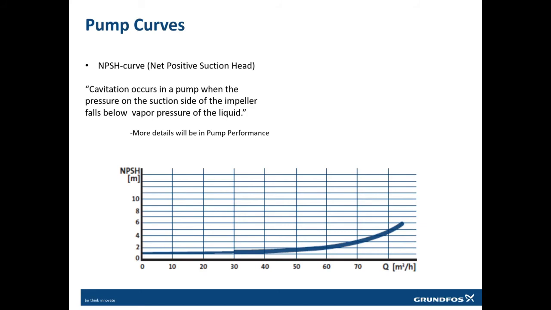That means your pump will get eroded, and you will have small dots on your impeller, and after some time your impeller will start getting eroded, which is not good for your life or performance. So we need to make sure that at the suction of our pump we always have pressure more than this. There are certain other parameters as well which we will discuss in the coming slides.